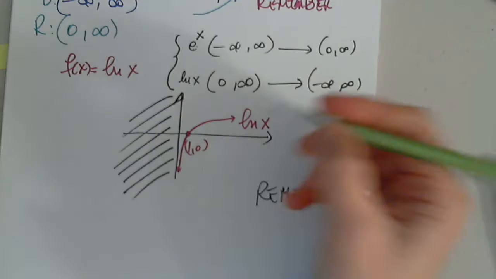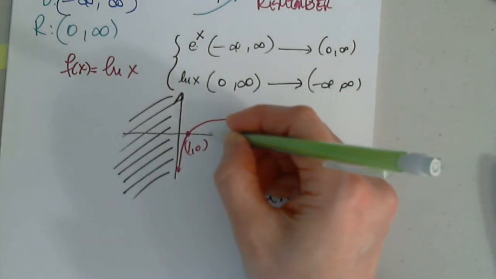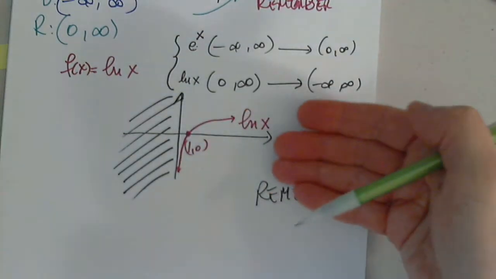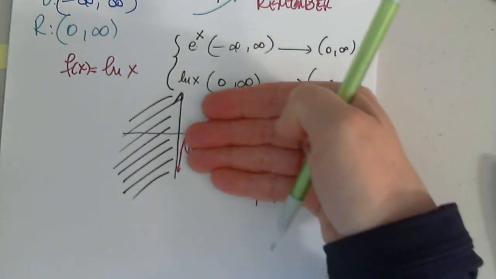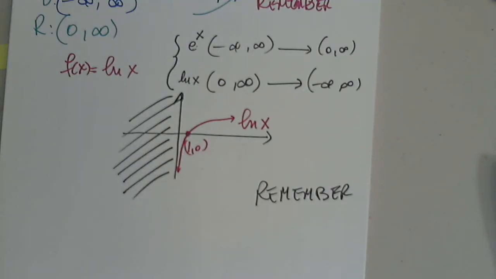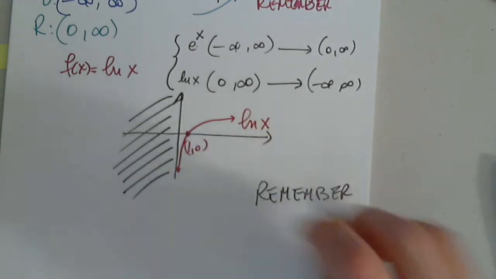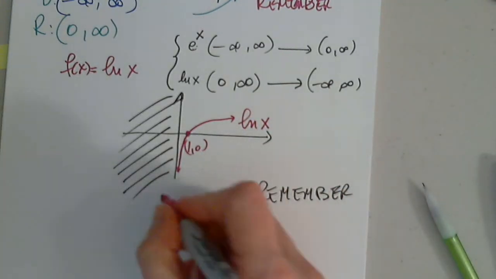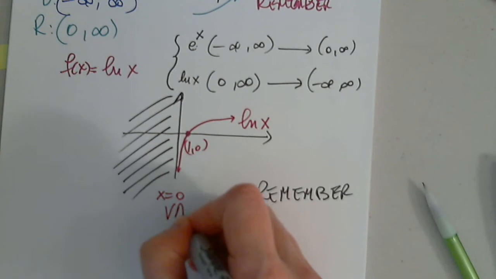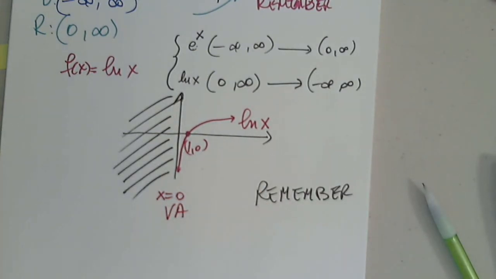And Sarah, as x approaches 0 from the right, because there is no 0 from the left, where does the function value go? Yes, indeed, negative infinity, which obviously means that x equals 0 is a vertical asymptote.